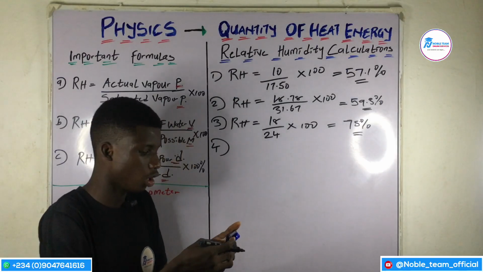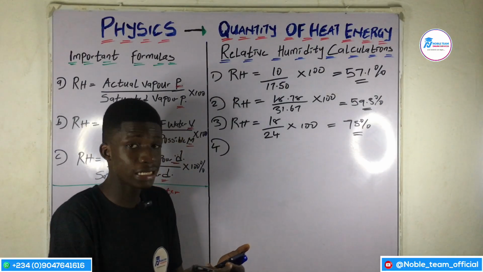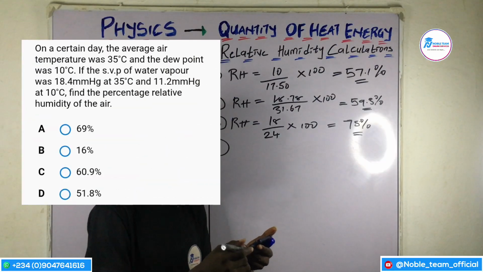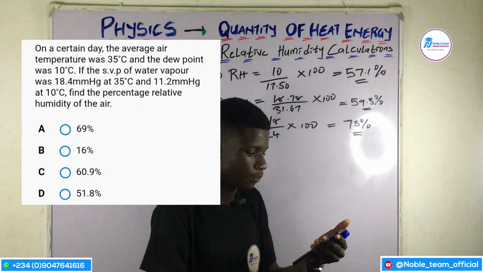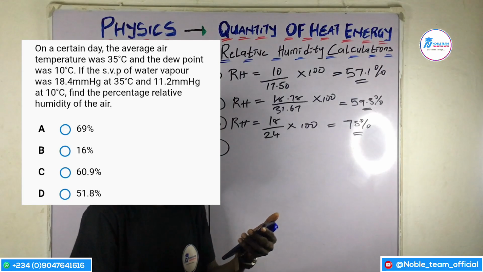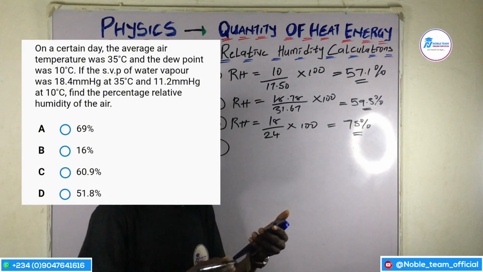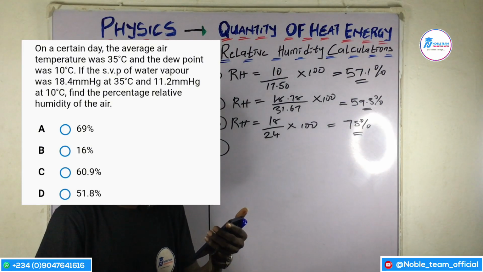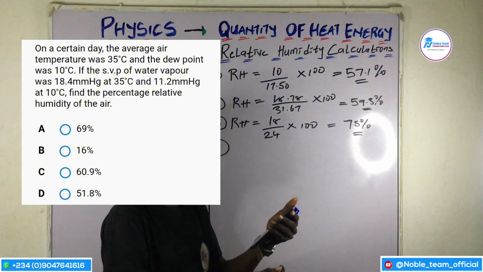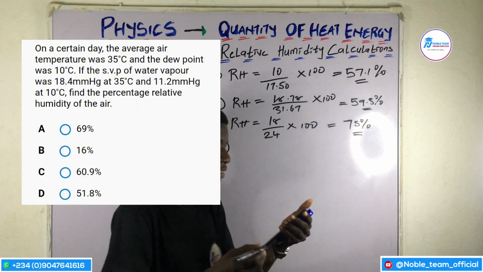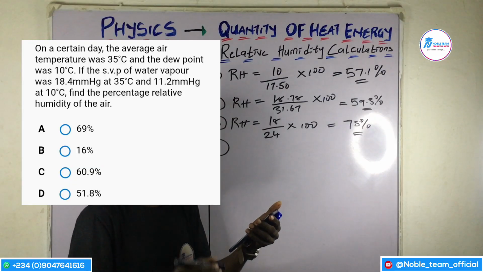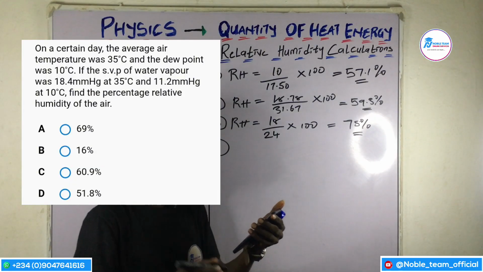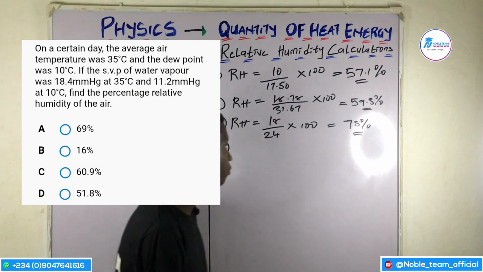Now question 4 says that on a certain day, the average air temperature was 35 degrees Celsius and the dew point was 10 degrees Celsius. If the SVP of water vapor was 18.4 millimeter mercury at 35 degrees Celsius and 11.2 millimeter mercury at 10 degrees Celsius, find the percentage of the relative humidity.